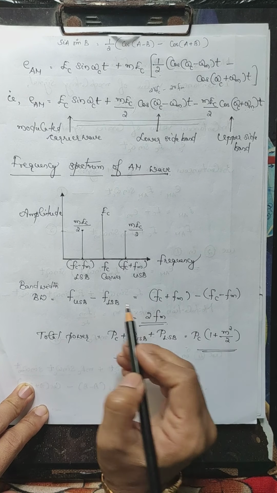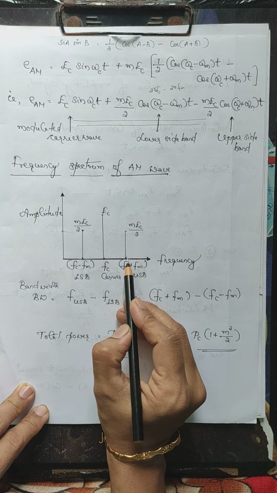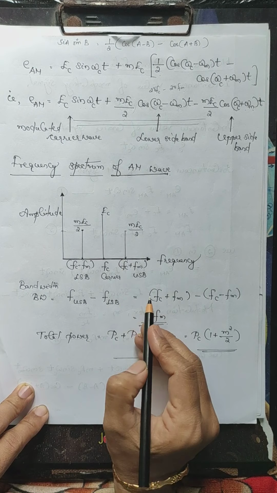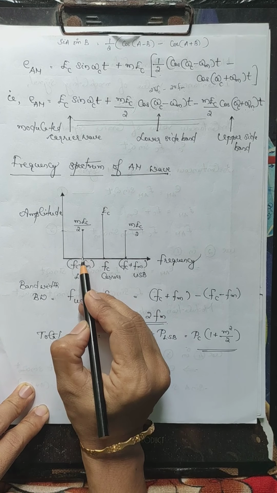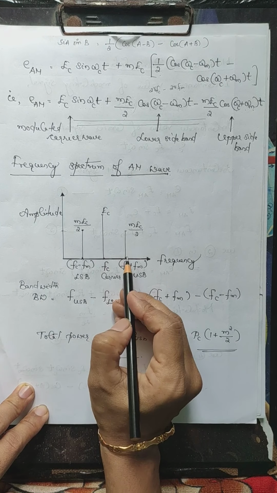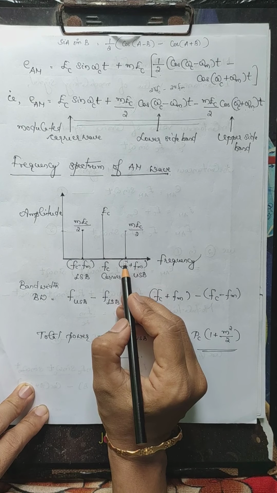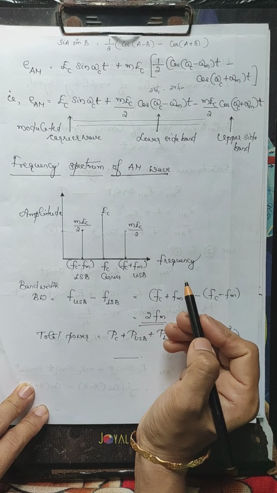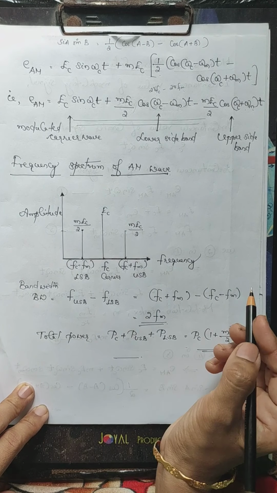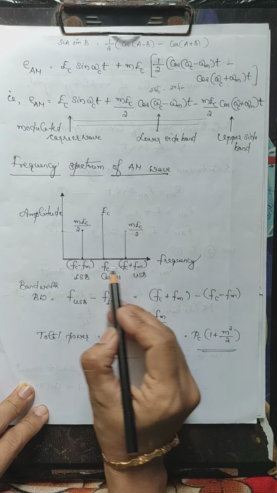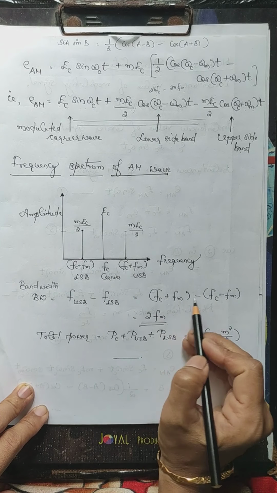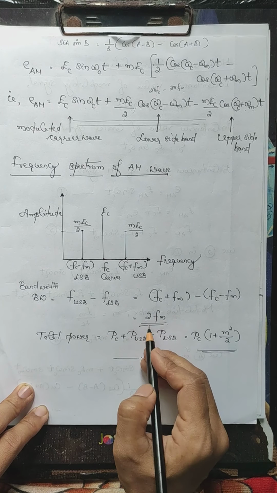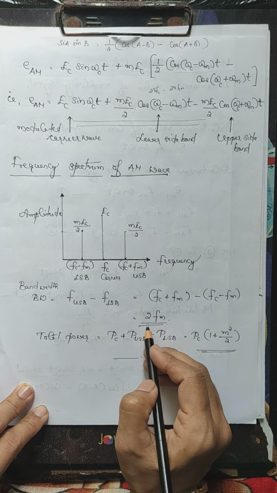That is, it is the difference between the higher frequency component, the upper sideband frequency, and the lower frequency component in the frequency spectrum. That is Fc plus Fm minus Fc minus Fm, and it will be 2Fm. So the bandwidth of an amplitude modulated signal is 2Fm.